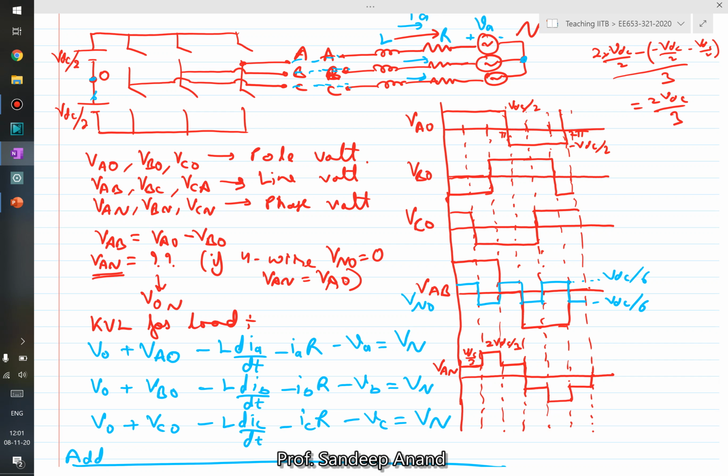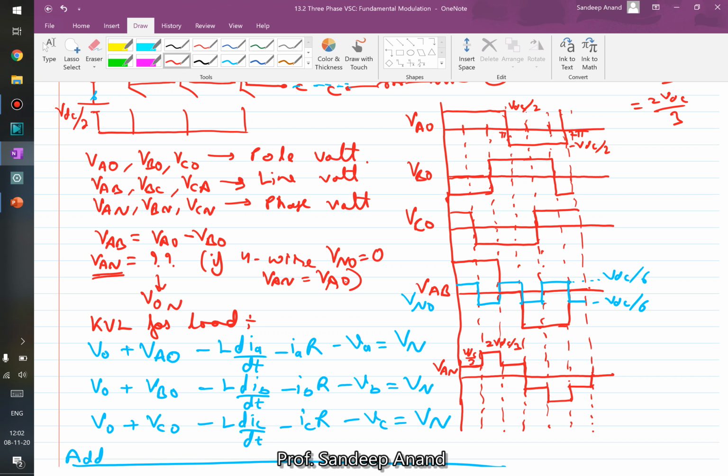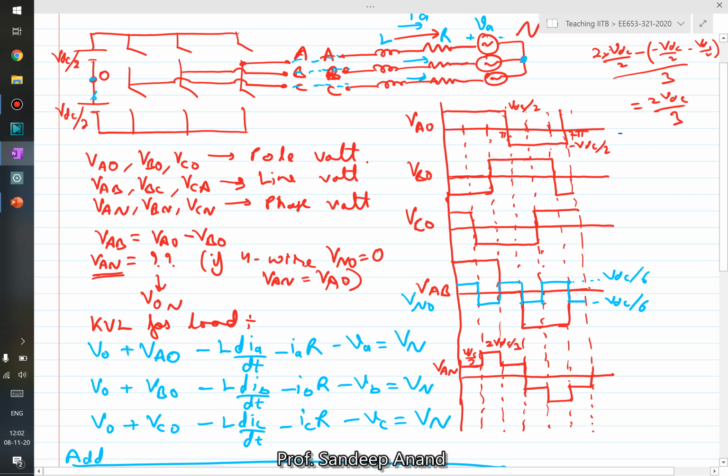So now if you see these waveforms, you can say they have some number of levels. Now what is levels? Levels means essentially steps. So for example, if you observe VAO, it looks like it has 2 levels, that means plus VDC by 2 and minus VDC by 2.